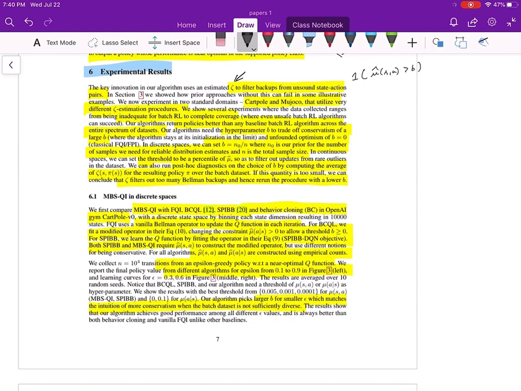So all the unsound actions, parameterized with this hyperparameter b, are discarded. That is the point here.